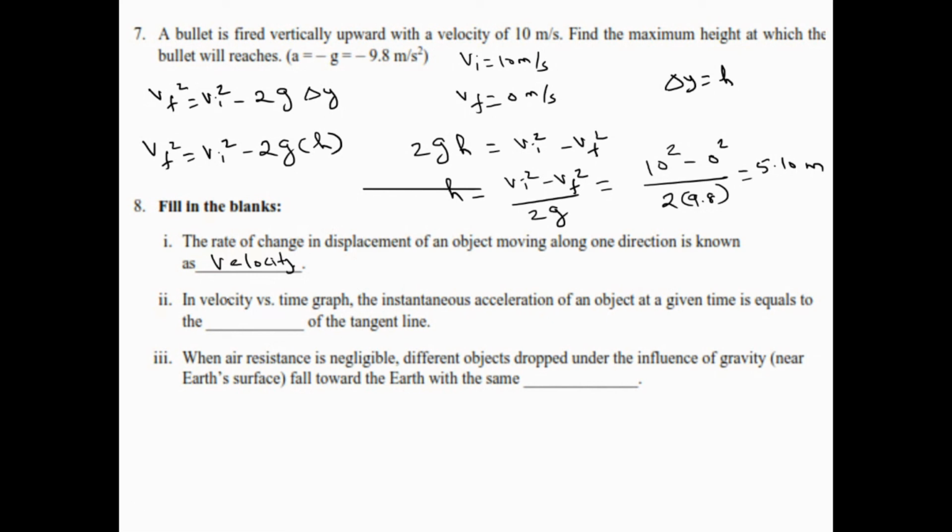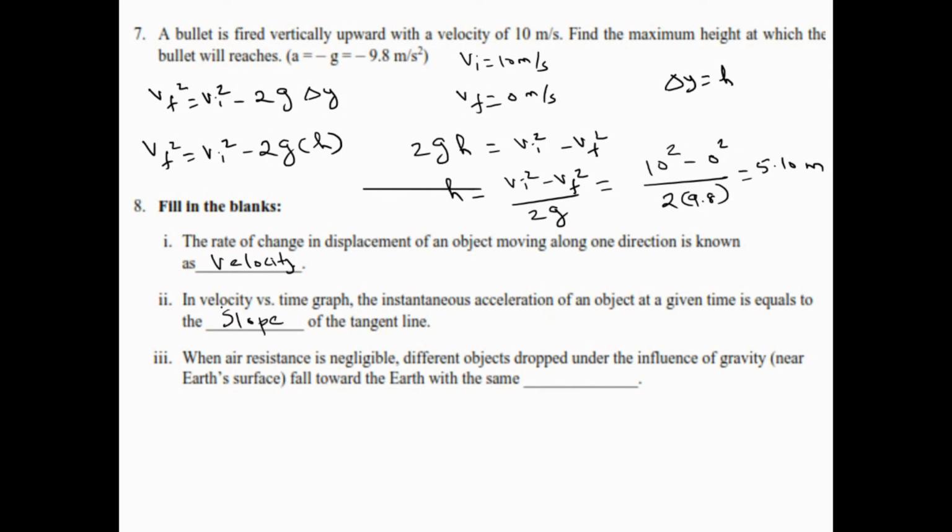Velocity. For the second question, in a velocity versus time graph, the instantaneous acceleration of an object at a given time is equal to the slope of the tangent line. For example, if you have a curve, you have to draw a tangent line, and for the tangent line, you have to find the slope. We already studied these things in the theory class.